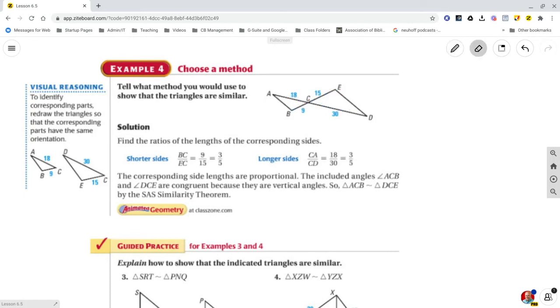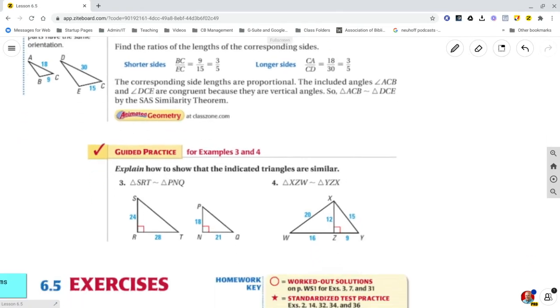What I have to do is test whether or not the sides have the same ratios. And in this case, they do. Because the vertical angles are equal, I do know that those triangles are going to be similar because of side angle side. So I need to evaluate my figure and then determine which of the three techniques that we've learned is going to best apply.